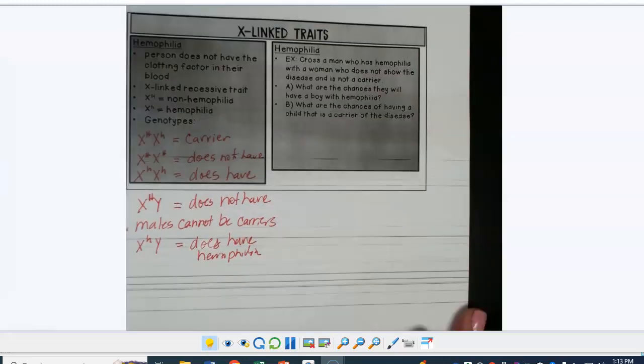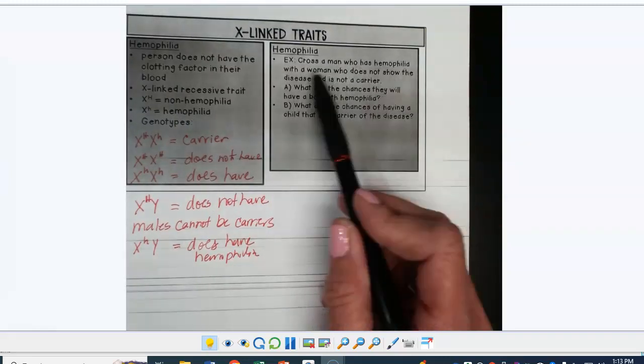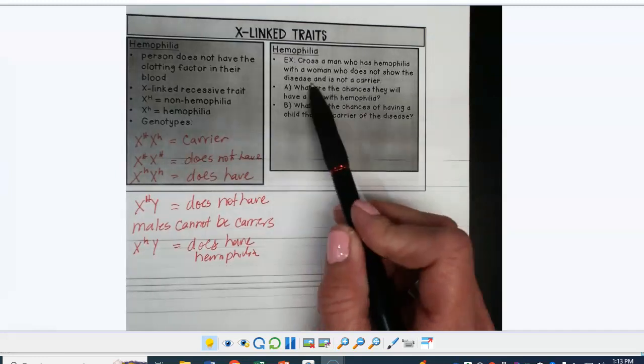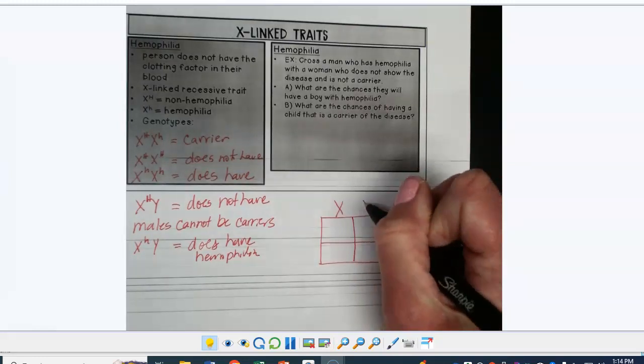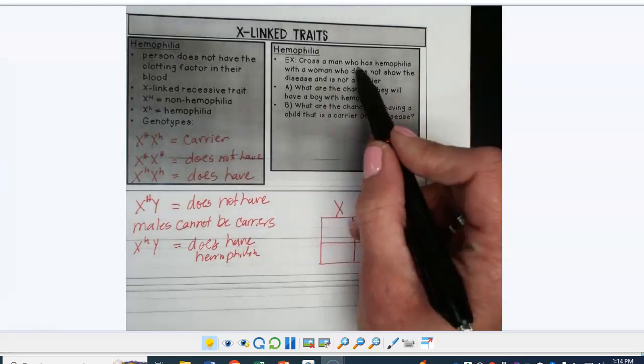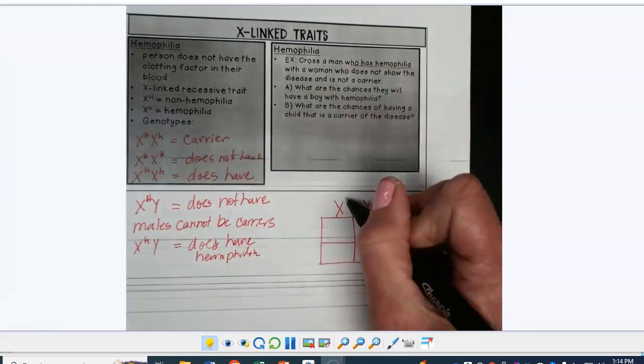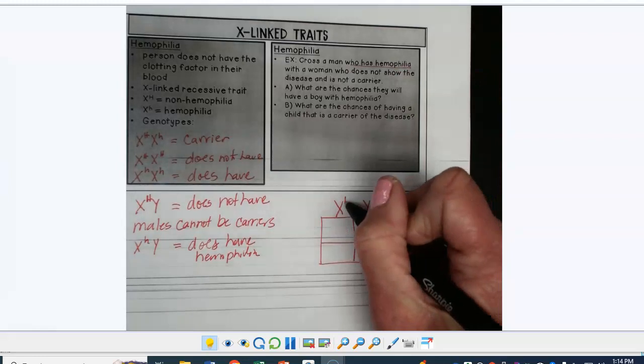So let's look at these problems. It says, cross a man who has hemophilia with a woman who does not show the disease and is not a carrier. So we are going to use a Punnett square. It looks like this. Cross a man who has hemophilia. So the man is going to have an X and Y, and he's got the lowercase h.